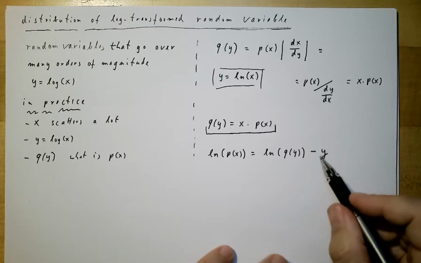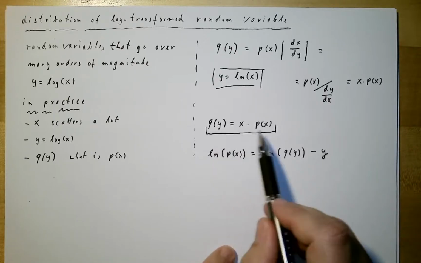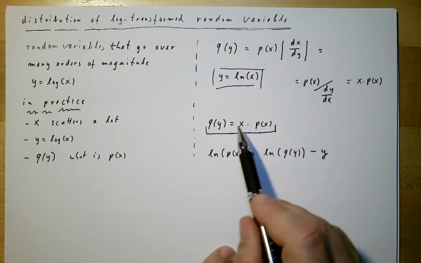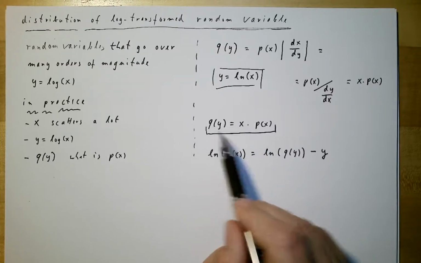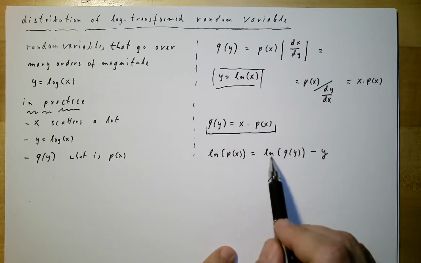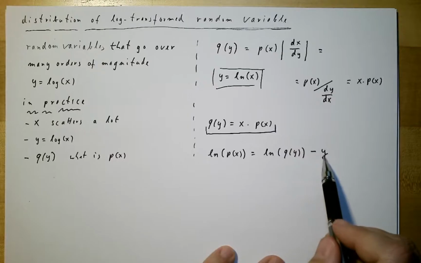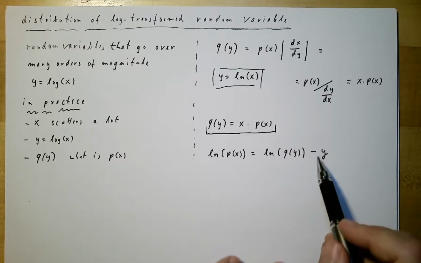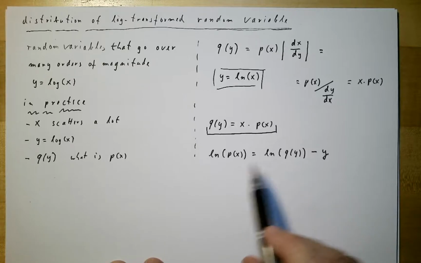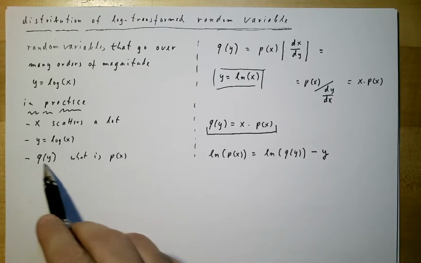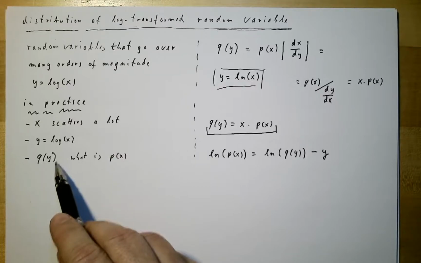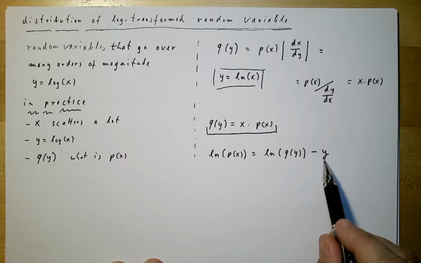So we have this formula. In normal numbers we multiply by a variable, so the transform of the probability densities is just the density times x, but if we plot the log of these, we just have to subtract this y. And so if we now have our histogram and we plot it logarithmically, I just have to subtract this y.